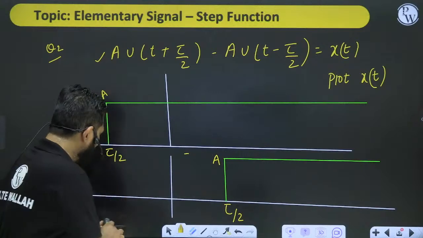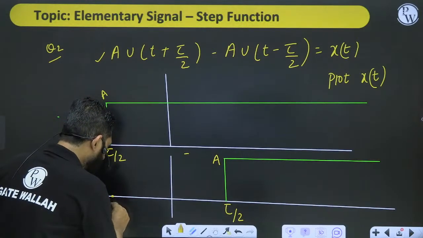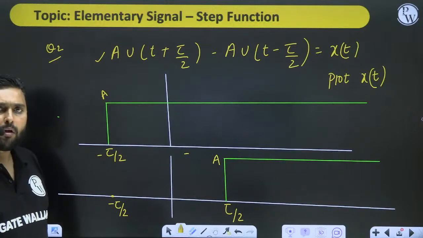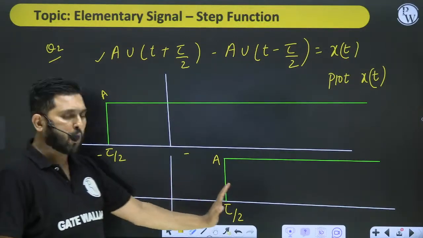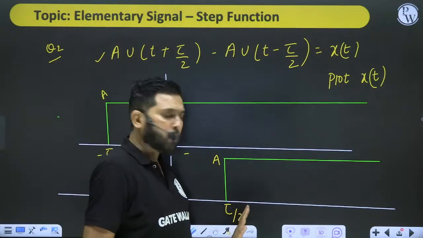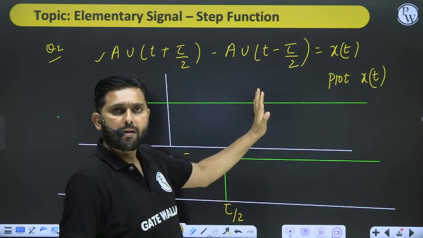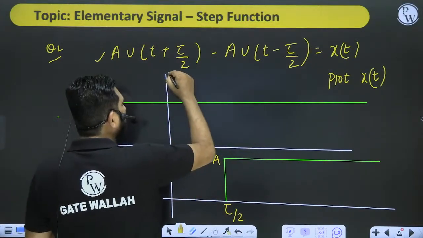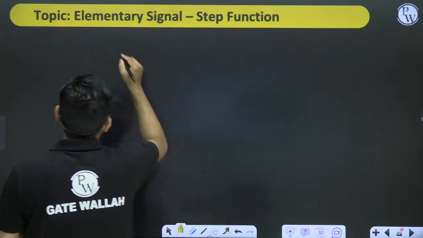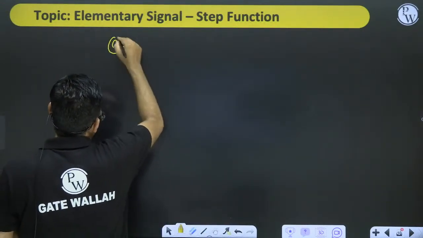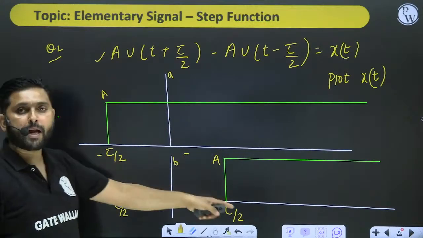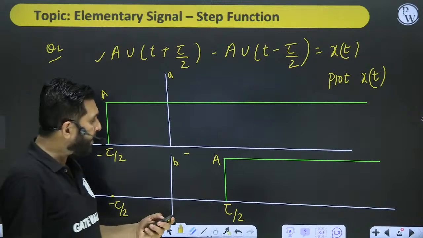From minus tau by 2, here somewhere is minus tau by 2. From minus tau by 2 to tau by 2, this function is a, that is 0. But after tau by 2, both are a. So let's consider it to be a and this to be b. When you subtract a minus b, what will you get?